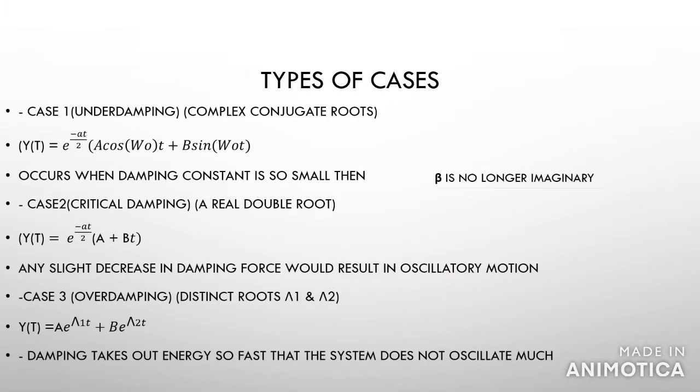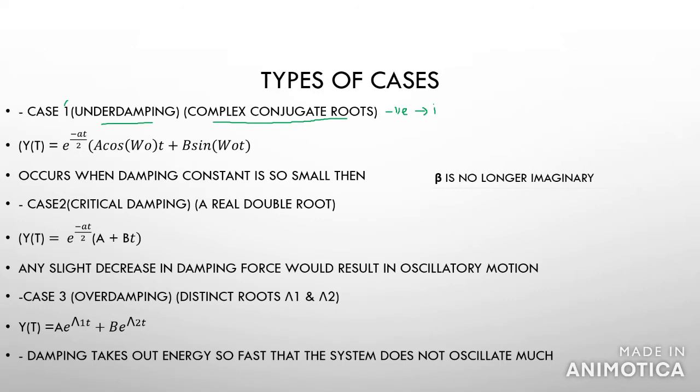So moving on, we can now try to understand the types of cases involving the ODE. Case 1 is underdamping, in which we have complex conjugate roots. Normally when we have a negative number under the root, we convert it to the imaginary number i.